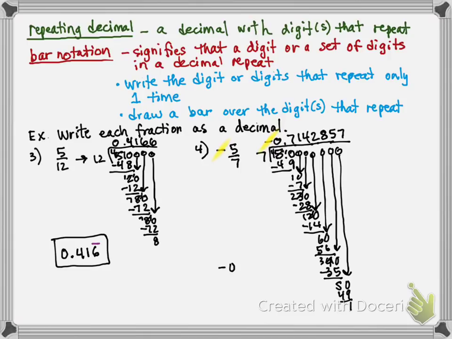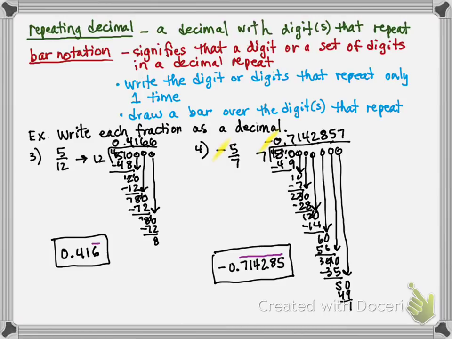In addition, it has a 7, a 1, a 4, a 2, an 8, and a 5, and a repeating bar that says all 6 of those digits are going to repeat. So I have to put the repeating bar over all of them. One thing to be cautious with the repeating bar, do not have it go over the decimal point, because your decimal point does not repeat.